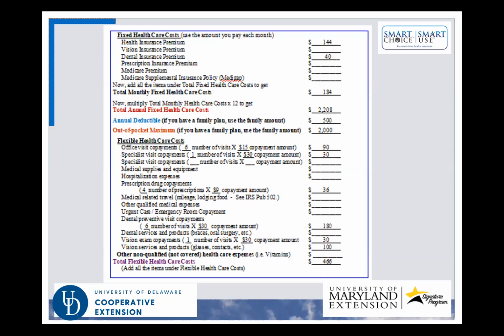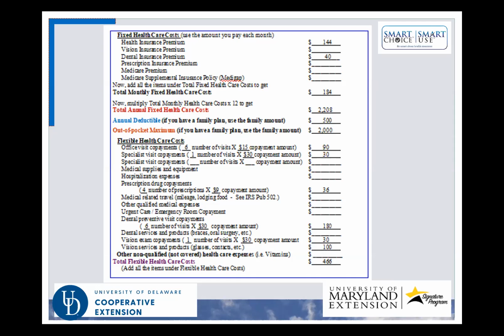And so they had 6 visits to the primary care times $15, you get $90. One specialist visit times $30. That's for the allergist. That's a total of $30. Prescription drug cost is 4 times $9, which is $36. Let's see, dental visits. They had 6 dental visits at $30, so there's $180 for dental.